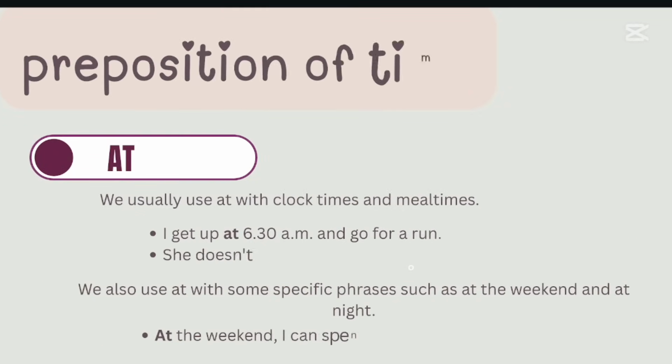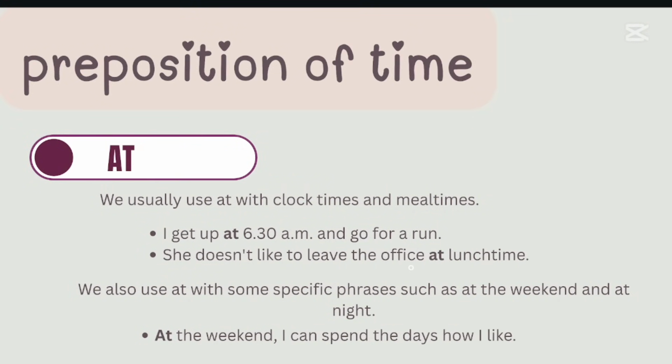So, remember the preposition of time. Since we are talking about the time, we will have a short recap for our preposition. So we have here the preposition at. How are we going to use the preposition at properly?